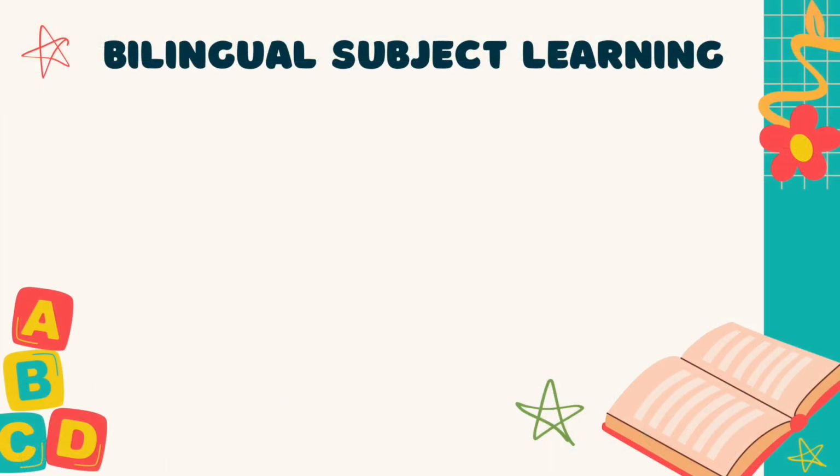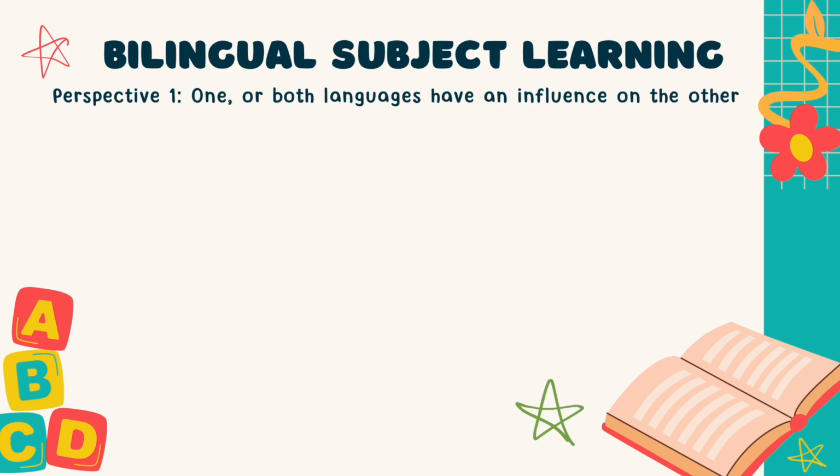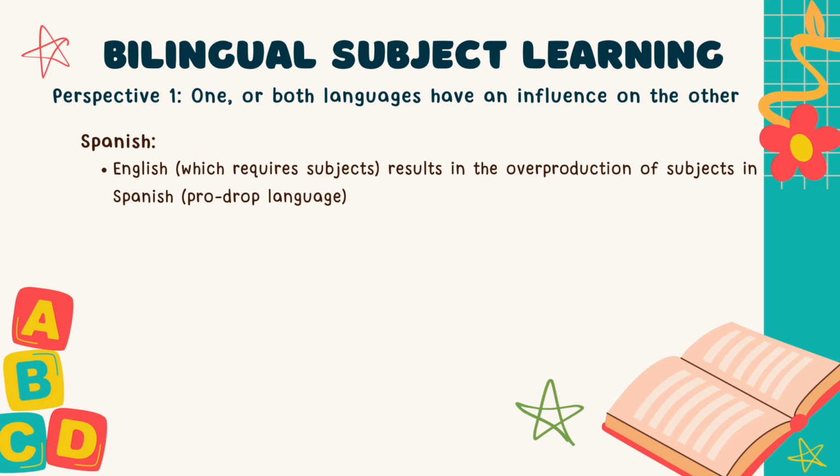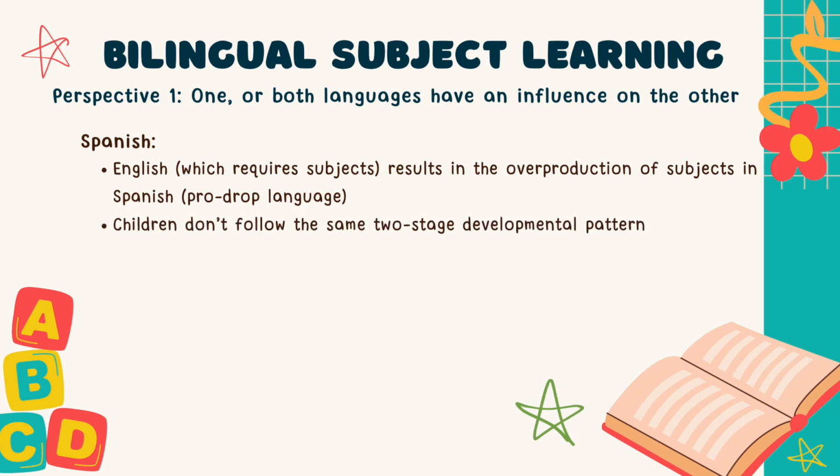How bilingual children acquire subjects is a highly debated and researched topic, where different studies have found contrasting results. One perspective is that one or both of the languages have an influence in the production of the other. For Spanish, some studies have found that English, which requires subjects, results in the overproduction of subjects in Spanish, which is a pro-drop language, and that children don't follow the same two-stage developmental pattern.